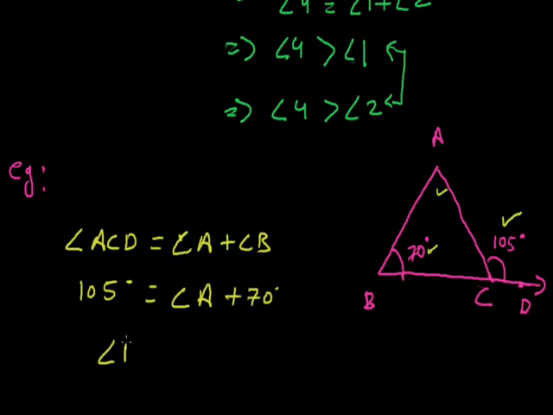So angle A will be equal to 105 degrees minus 70 degrees, which is 35 degrees. That means angle A is 35 degrees.